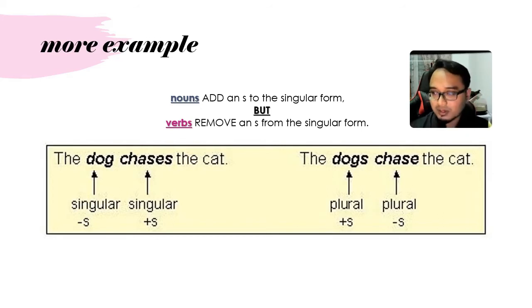The second one, the dogs chase the cat. The dogs, plural, we put an s on the subject. Chase, plural verb, we remove the s from the verb, the cat. So that's why I said it is the opposite. Okay, alright.